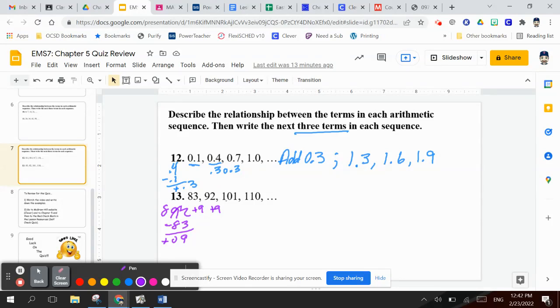Yes. Is 101 plus 9 110? Yes. So our rule is we're going to add 9. My next three numbers would be 119, 128, and 137.